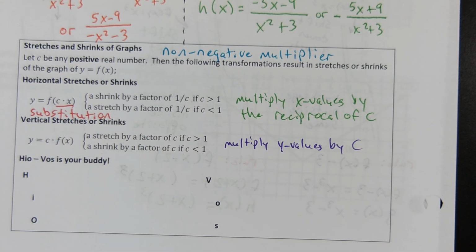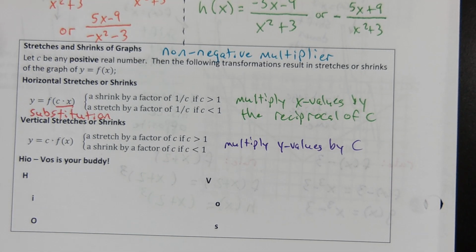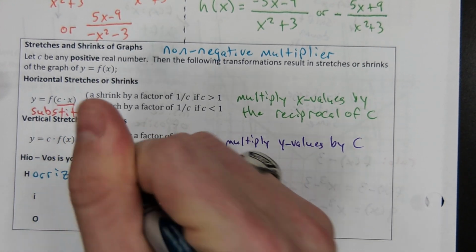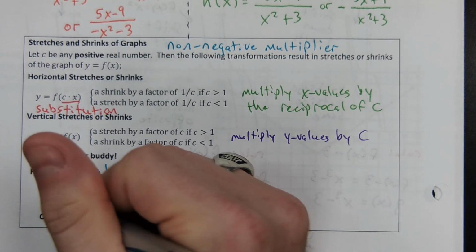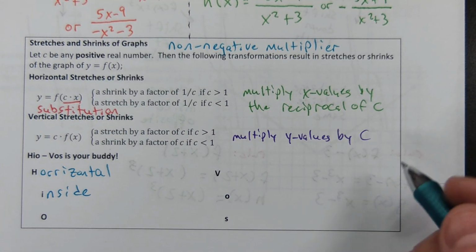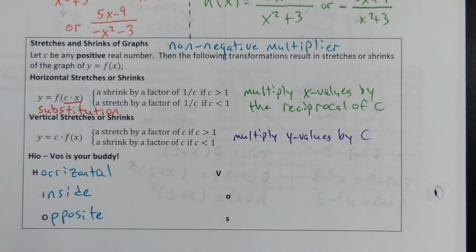HIOVAS. HIOVAS is your transformational buddy. It will just tell you how the transformations work. It stands for horizontal. Now, horizontal transformations happen where? On the inside. And what kind of effect do they have? Opposite of what we expected to happen.